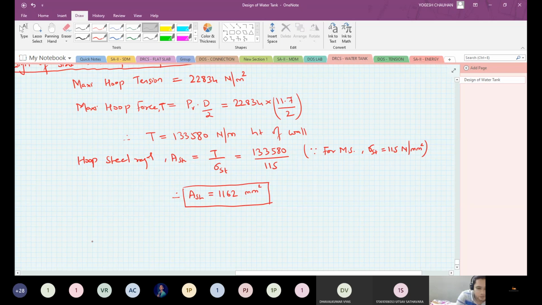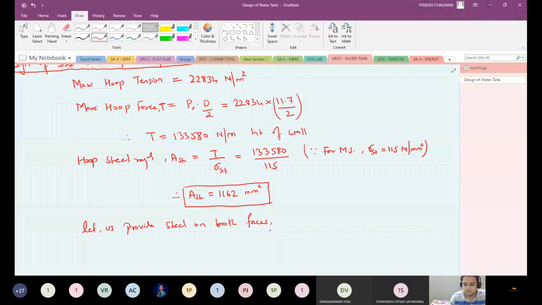So let us provide steel on both faces, because our thickness of the wall is 170, so we can either provide it centrally, or on each face or on both faces. But here, for resisting the moment, we will be providing steel on both the faces. So that is why let us provide the hoop steel also on both the faces.